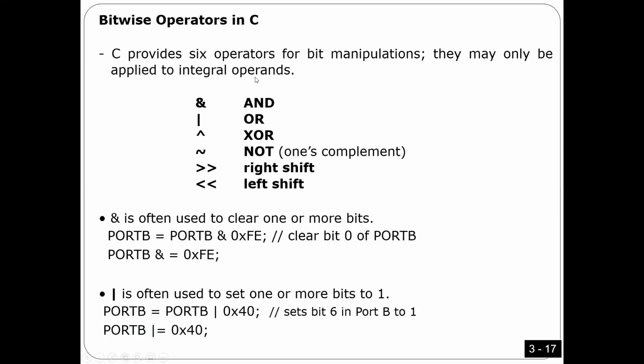Now there are some operators we're going to use in C language. These are the bitwise operators, bit by bit. We have the ampersand, which is used for bit by bit logic AND. This one is bit by bit OR.